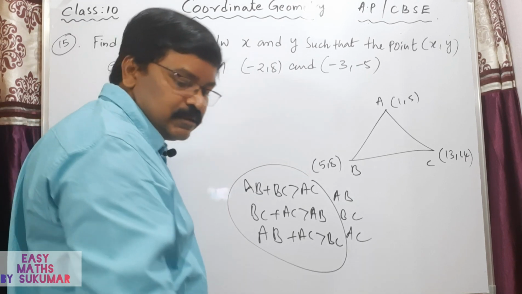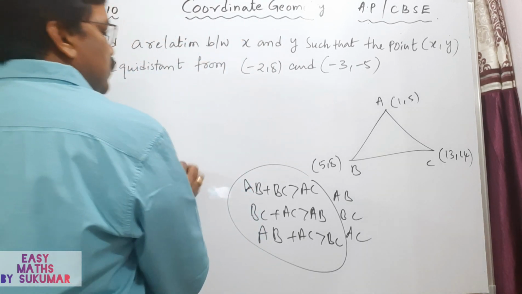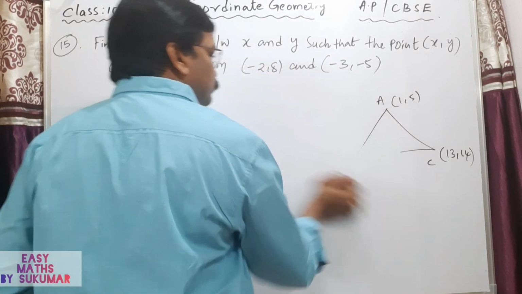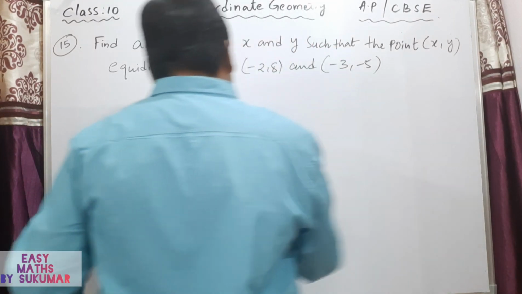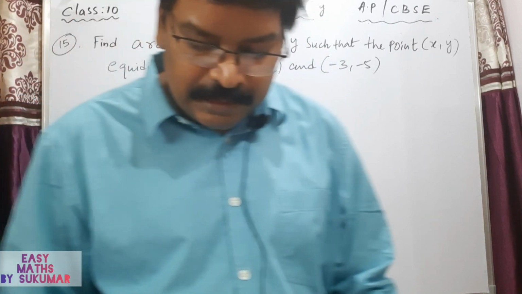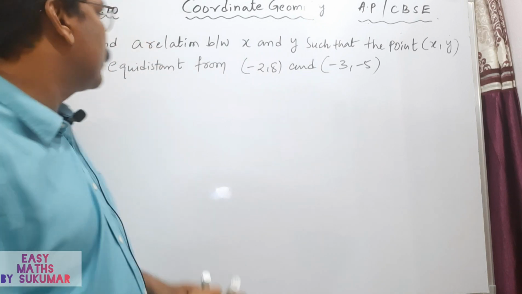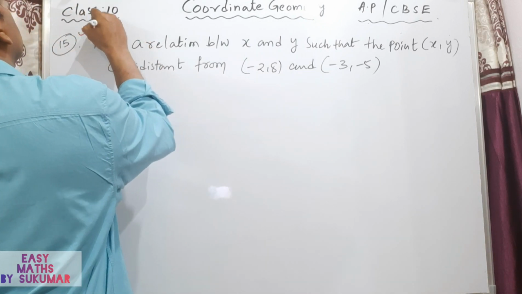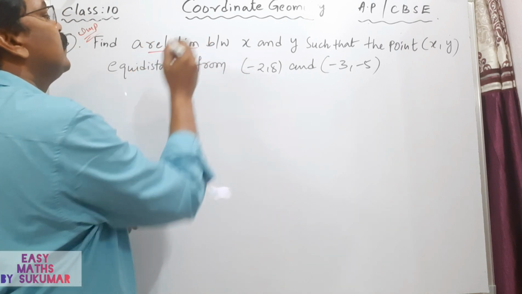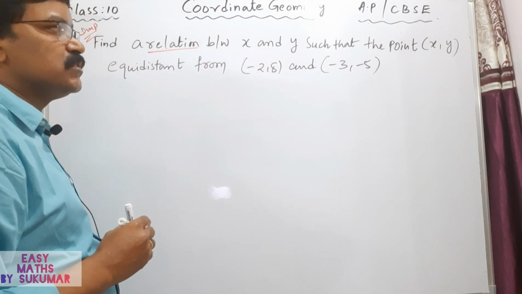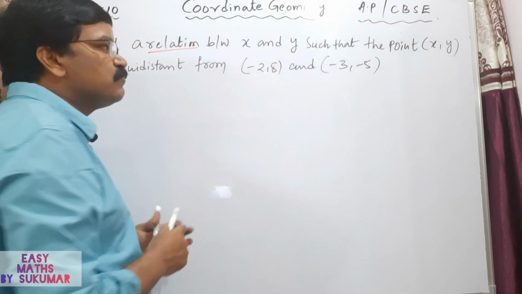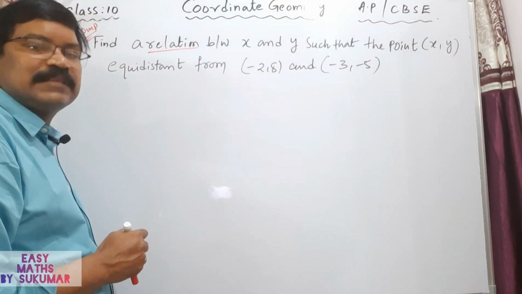Okay. Now we come to the last question in this exercise 7.1. It's a very important sum for the public examinations. Find a relation between x and y such that the point (x, y) is equidistant from (-2, 8) and (-3, -5).